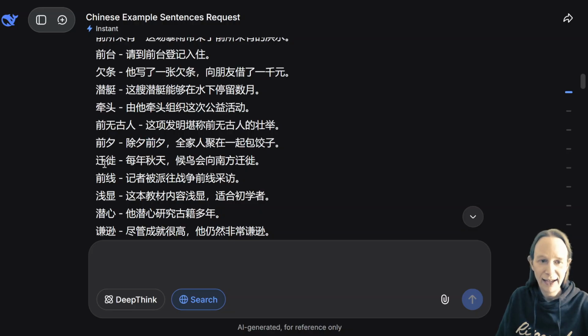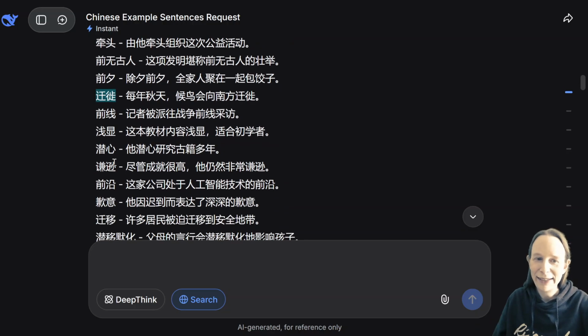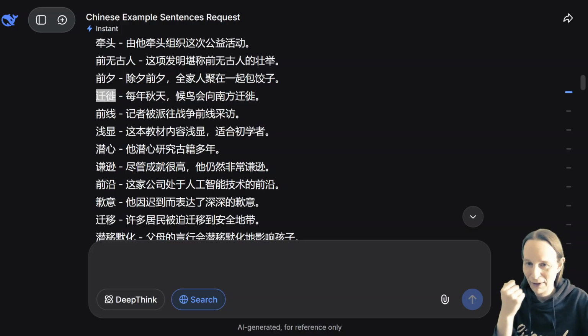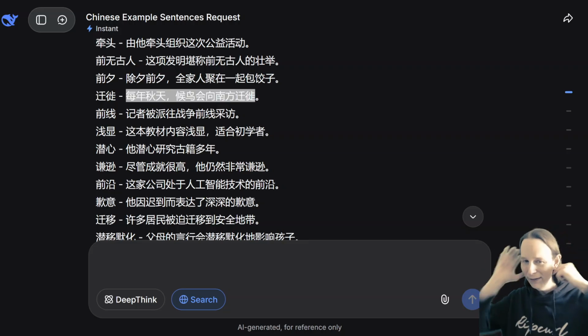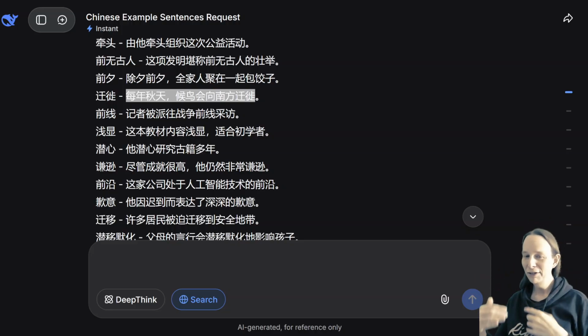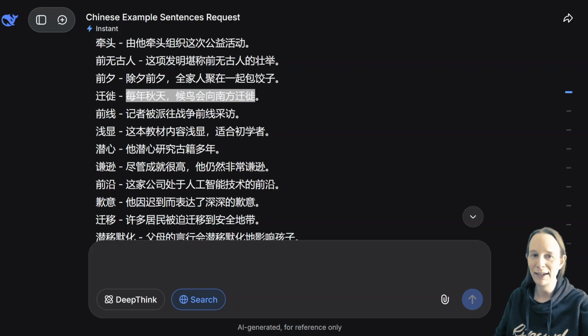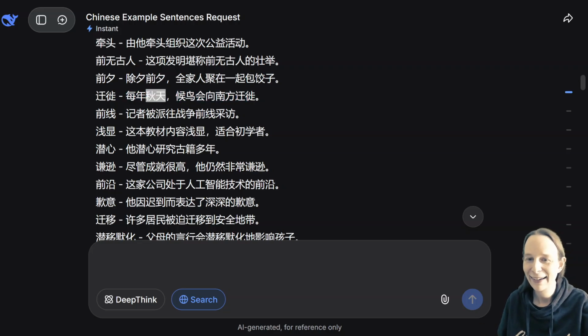Anyway, okay, 迁徙. Yeah, we did this one, right? This is migration for birds and humans. Migratory animals and humans. 每年秋天候鸟 is migratory birds. 候鸟会向南方迁徙. Okay, so this is if you were in the northern hemisphere. The migratory birds fly south for the winter because it gets too cold for them.